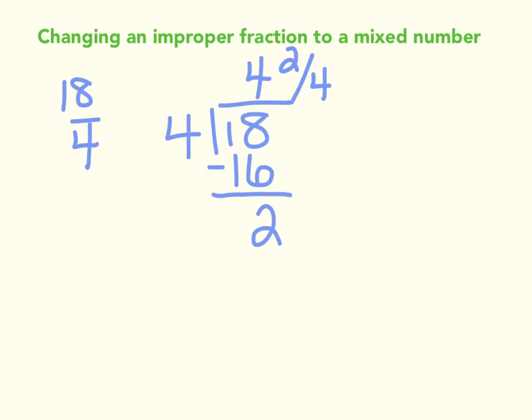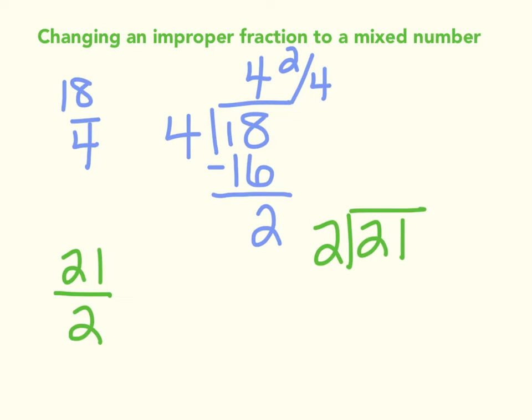Now, let's say that we have 21/2. Again, we're going to divide. I'm going to put that over here. 21 divided by 2. And 2 is going to go into 21 10 times.